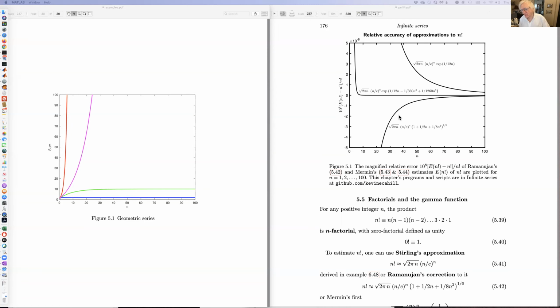Notice, however, that all of these approximations, this is the relative error. So this is the formula for n factorial minus n factorial, so that's the error divided by n factorial. And then that would be a small number, so I multiply by 10 to the 8th. And so this is the relative error times 100 million.